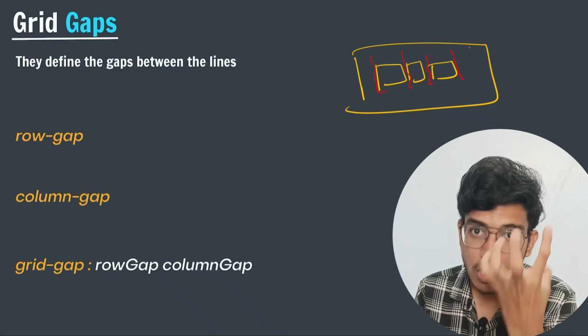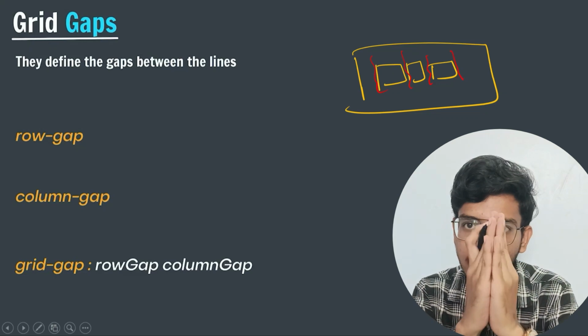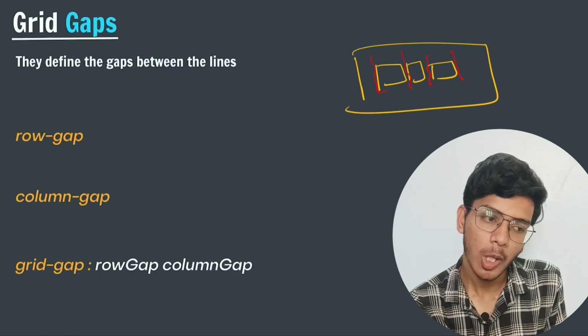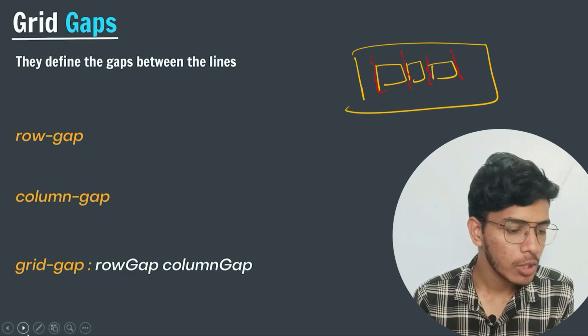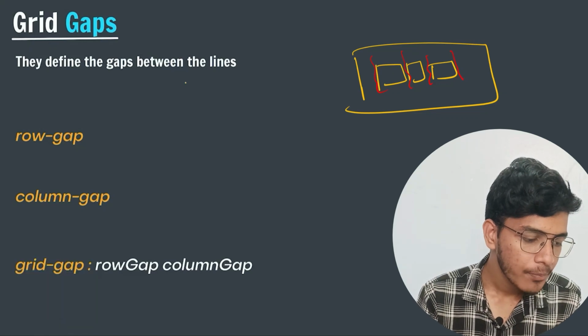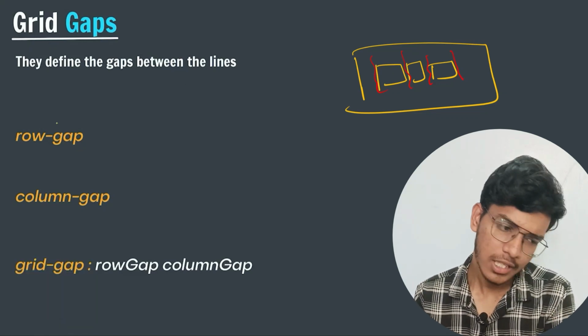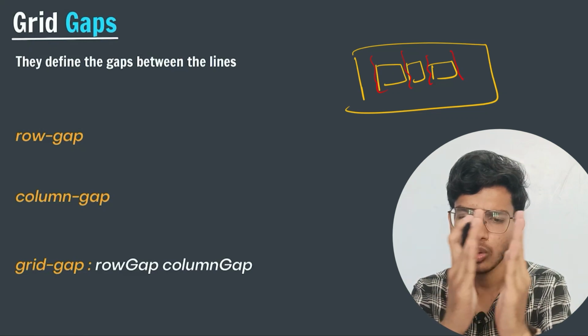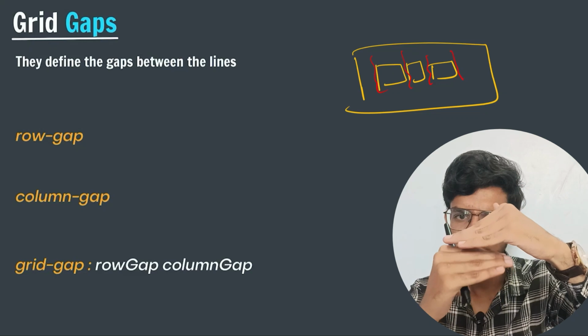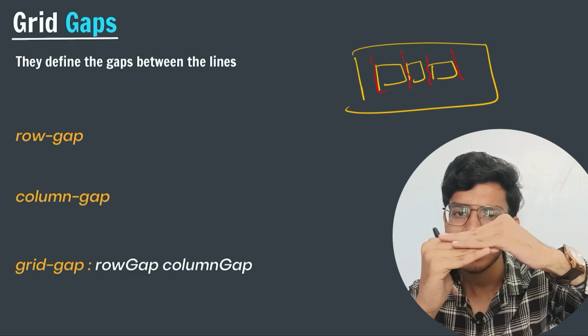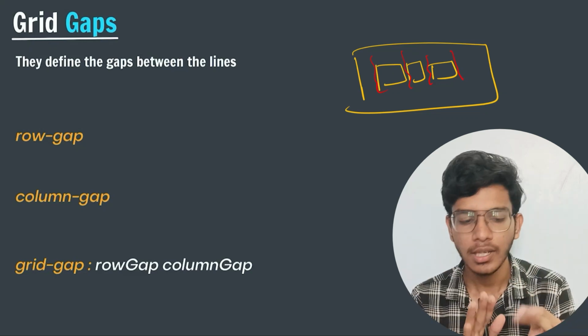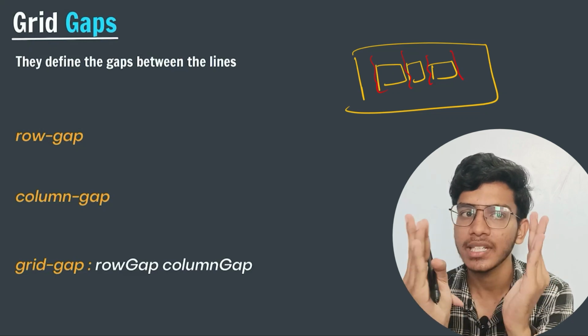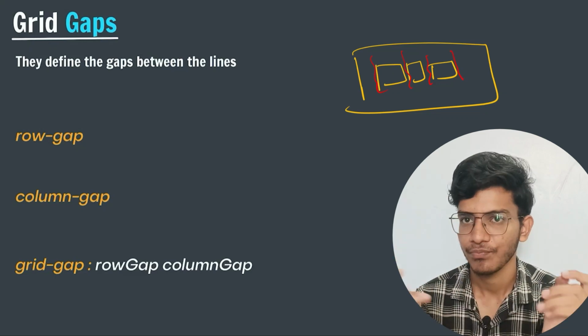I want to create space between corresponding divs, or you can say grid cells. To create spacing between grid cells, we use the property grid gap. To implement it, if I want to create a gap in terms of rows, I will give row gap, and this will create horizontal spacing. If I want to create vertical spacing, then I will give column gap.